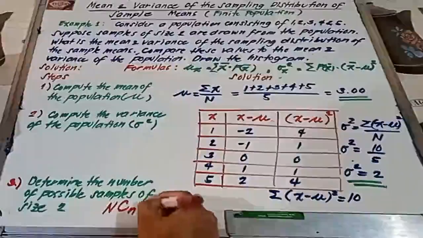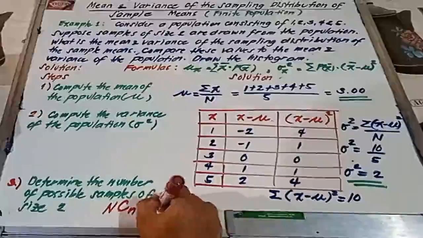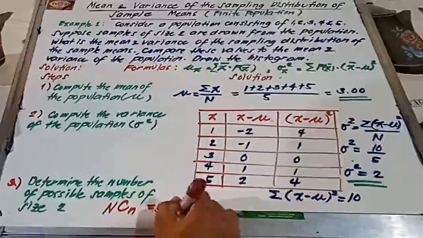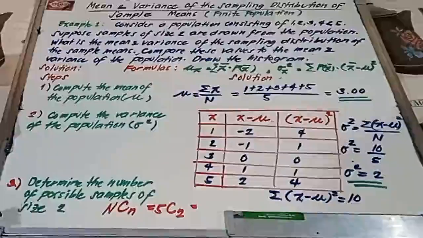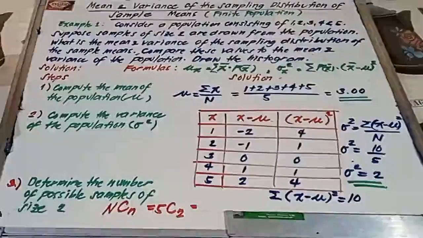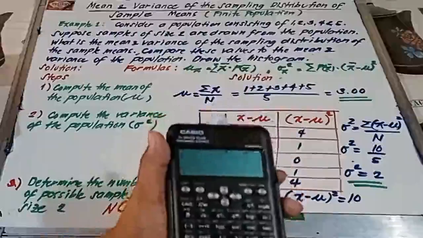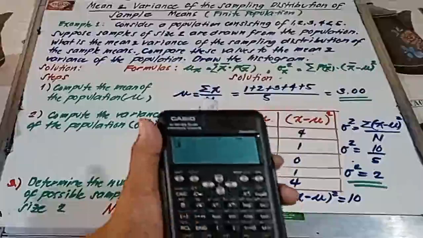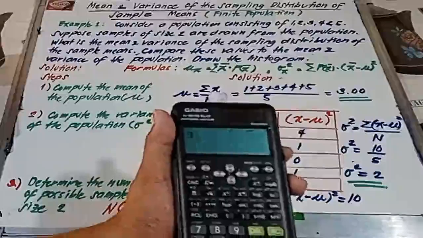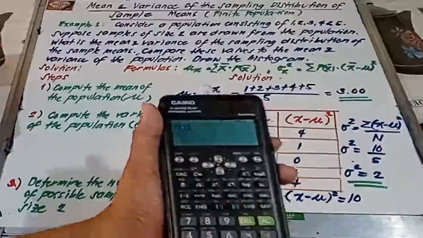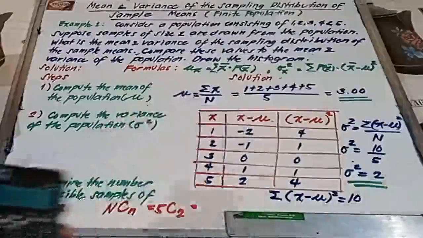Ang sample size natin is 2, ang population size natin is 5. Therefore, we have 5 combination 2. Okay? So using our scientific calculator, we have 5 shift combination 2, then equal, we have 10.